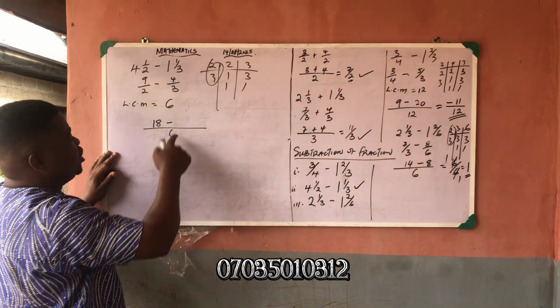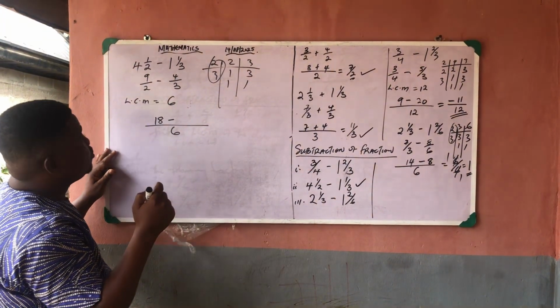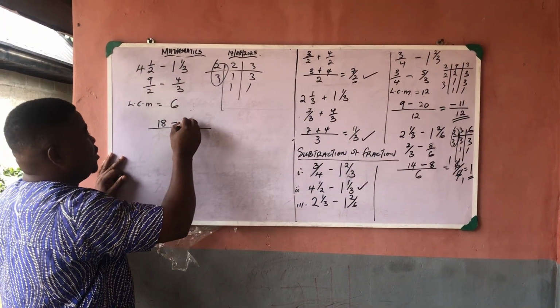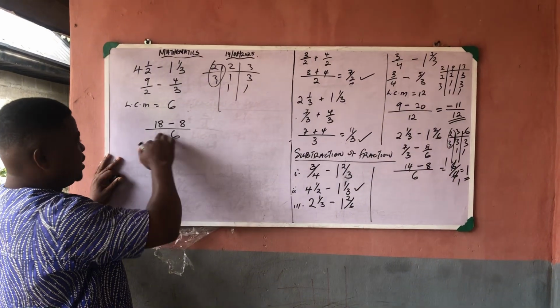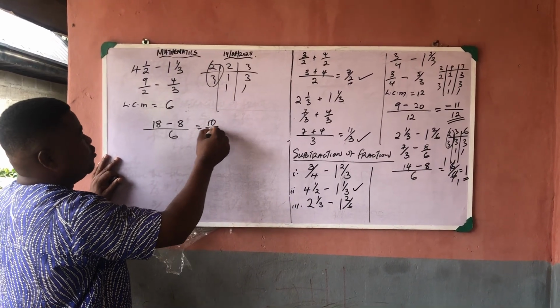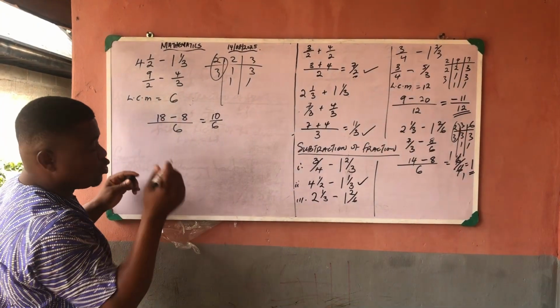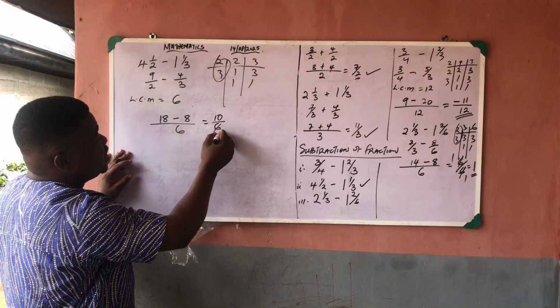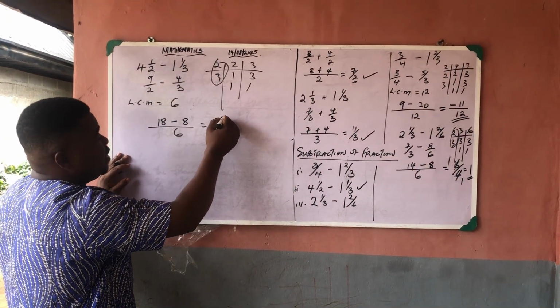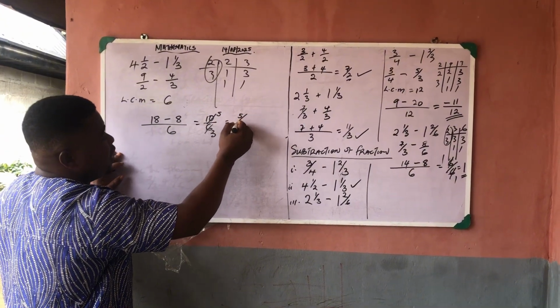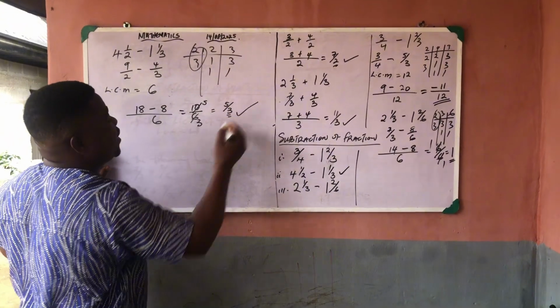Minus 3 into 6, 2. 2 times 4, 8. So 18 minus 8 will give us 10 over 6. Can we leave our answer like this? No. So we can break it down. 2 into 6, 3. 2 into 10, 5. So our answer is now 5 over 3. That is our final answer.